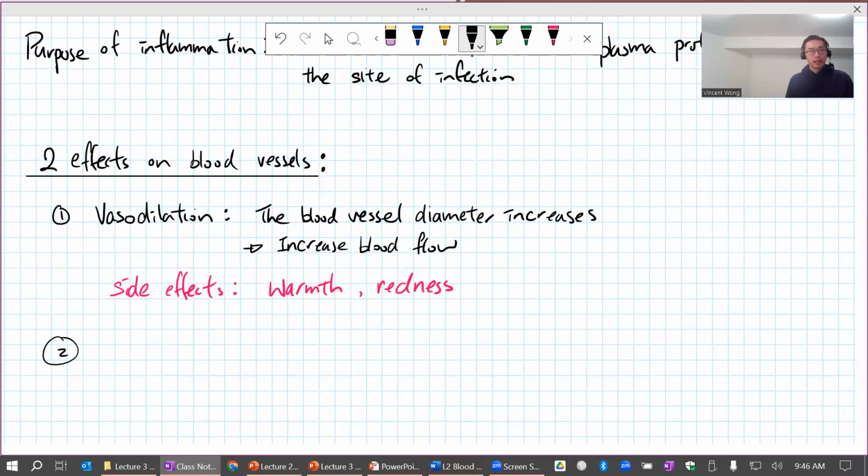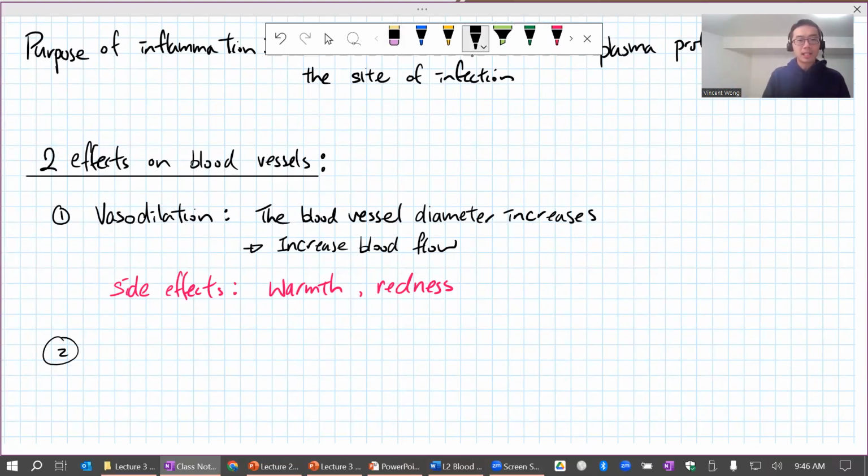Now, we have increased the diameter, more blood is coming, it's bringing more white cells, it's bringing more protein, but it's not going to be useful if these white cells and proteins cannot exit the blood vessels, right? Remember, capillaries are leaky, but typically the pores are not big enough for the proteins to come out, and the white cells have to squeeze themselves out.